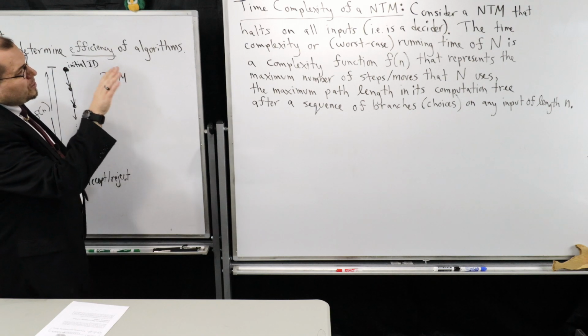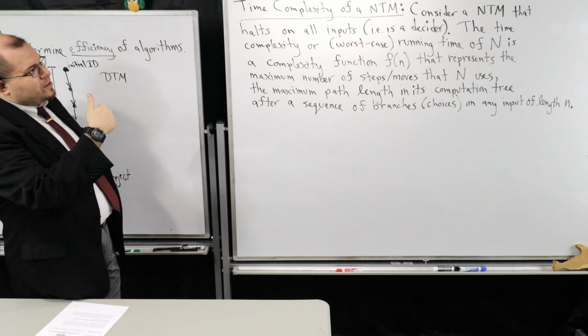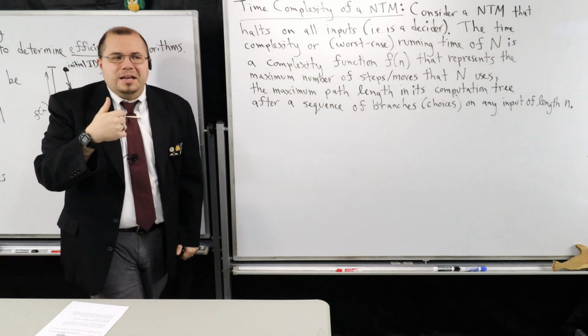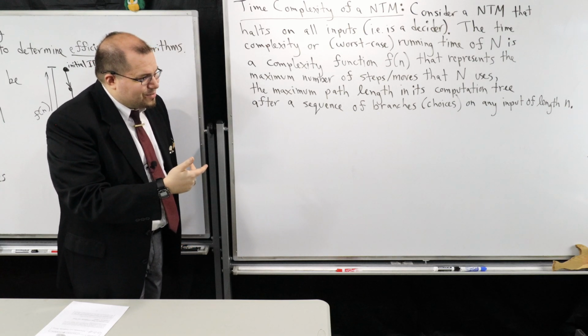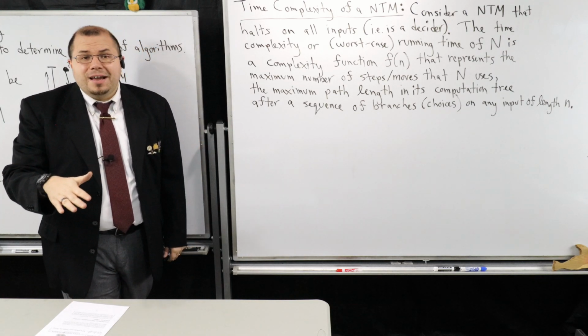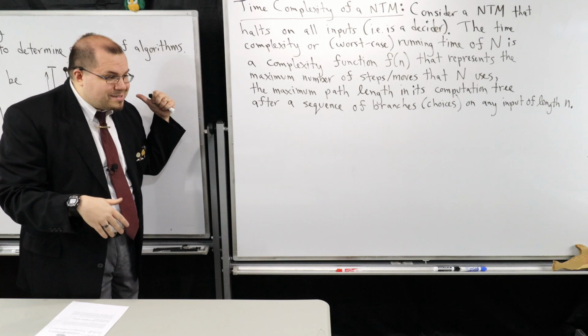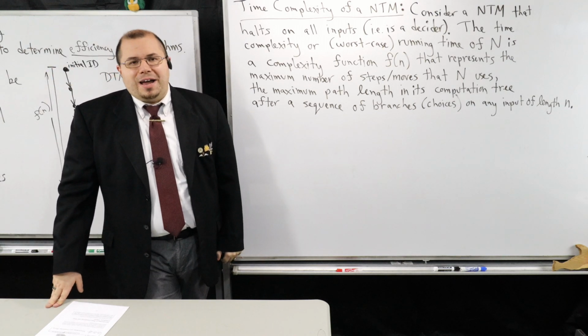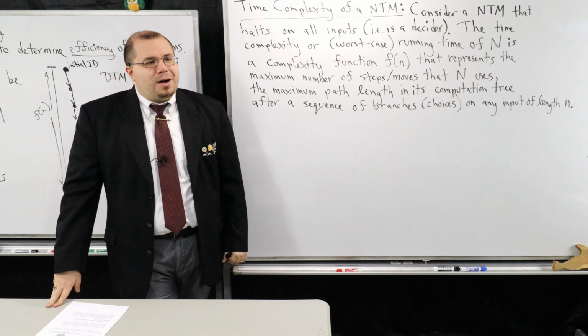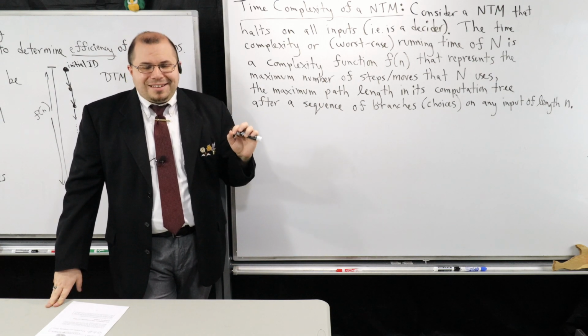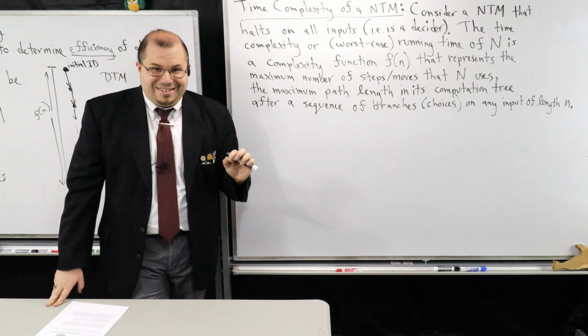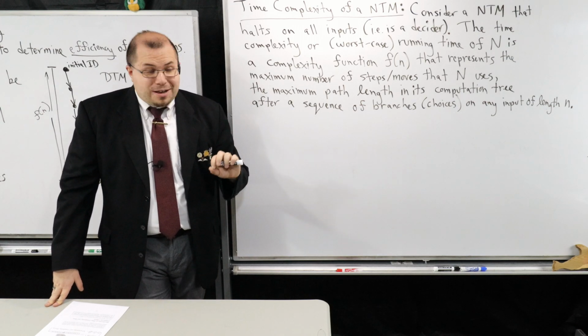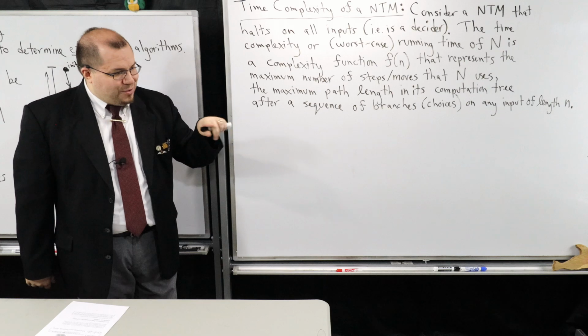So here's the idea. I'm going to consider the non-deterministic Turing machine to be a decider again. So I'm going to assume it halts on all inputs. I must stress that just like in my previous definition and this one, I rely on the fact that they are in fact deciders, right? Otherwise, the time complexity as I've defined it is infinite. It may be infinite because there may be some input for which it never halts, right?